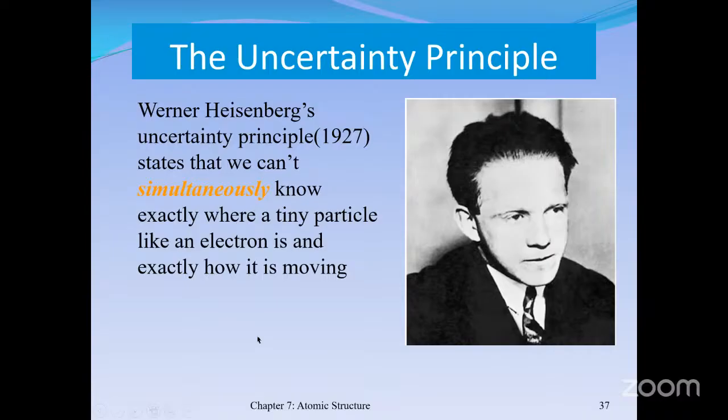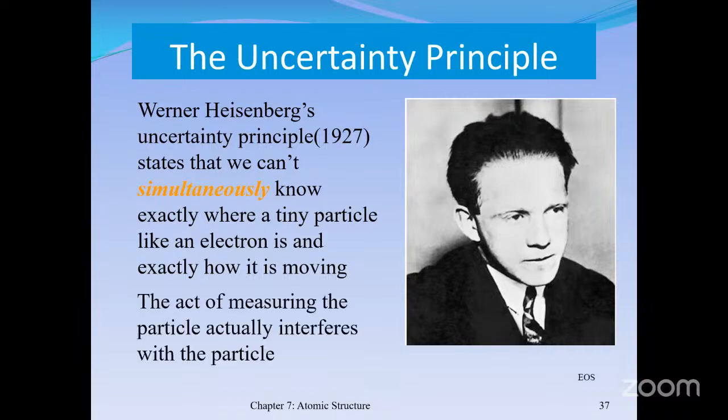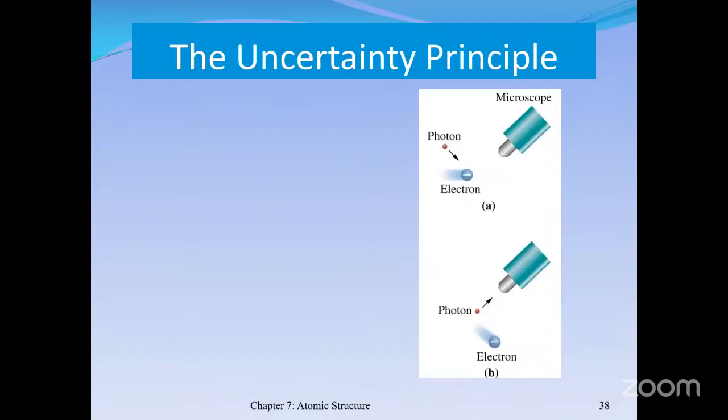And the reason why is because the act of determining where the electron is actually interferes with the particle, and therefore you won't know where it is based on the interference. And just to demonstrate what we're talking about here, let's say, this is purely hypothetical or theoretical, you have a special microscope that you can see an electron with, all right?